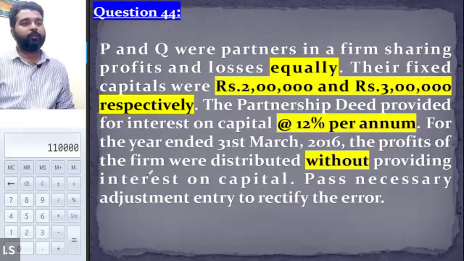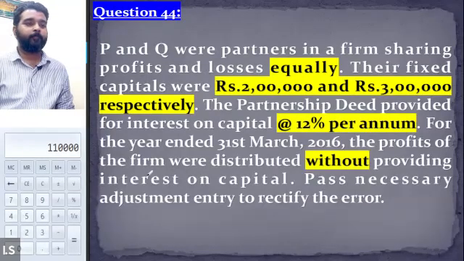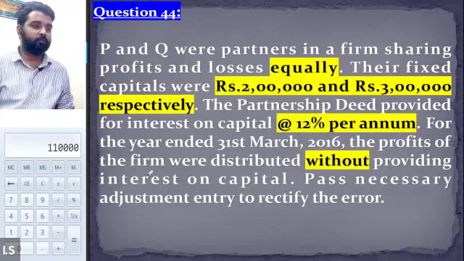Okay, so the question is pretty simple. The question is saying that there were two partners, P and Q, who were sharing the profit and losses equally, and the agreement states that they will be entitled to claim interest at 12% per annum on the capital contribution.